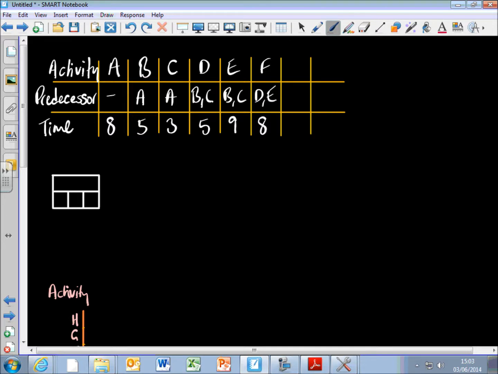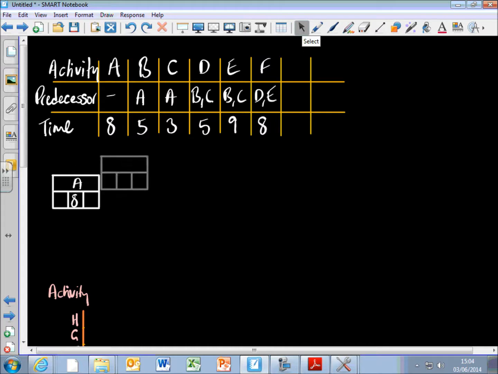Okay, so what we're going to do now is use this activity network to help us do the algorithm to find the critical path. So I've got this rectangle here. I'm going to put activity A in there, and in the middle box I'm going to put how long it takes to do the activity, 8 days.